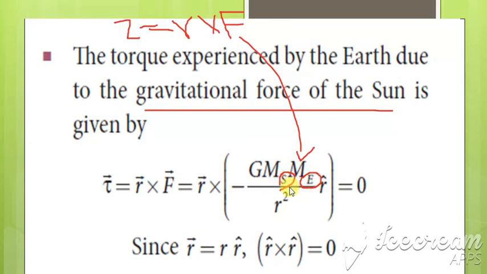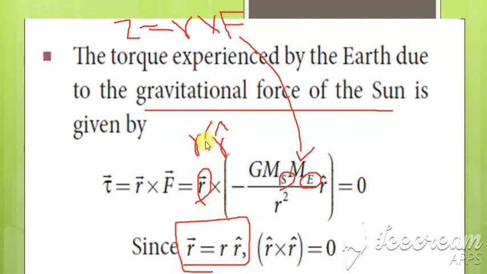So it is S E into r cap. Now this value is considered to be 0. Why is this value considered to be 0? Because this R vector can be written as R into r cap. This is the formula for the R vector.